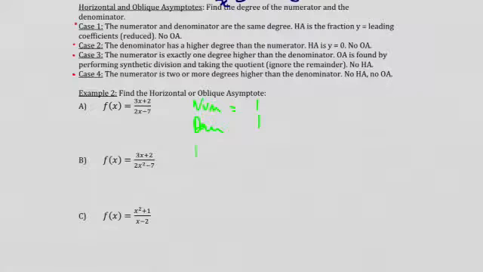On part b, you got a numerator with degree 1 when the denominator is degree 2, because it's 2x squared, so the square gives you the degree of your denominator. And for part c, you got a numerator this time with degree 2 when your denominator is degree 1. So apply each case and you will find the horizontal and oblique asymptote.